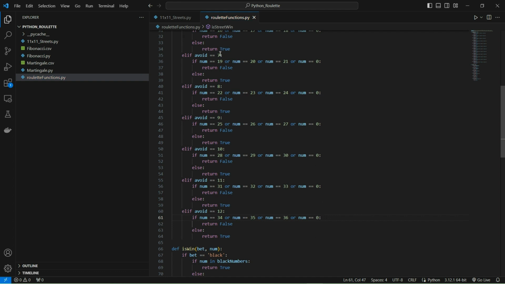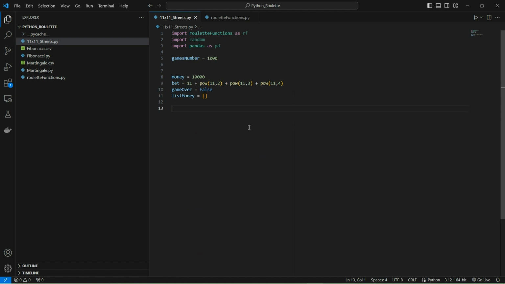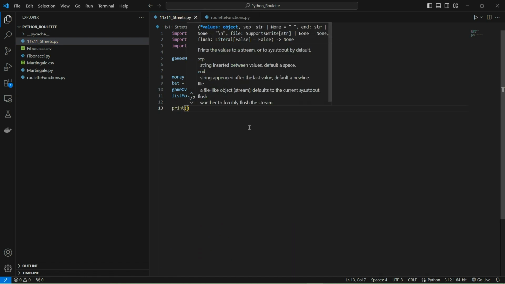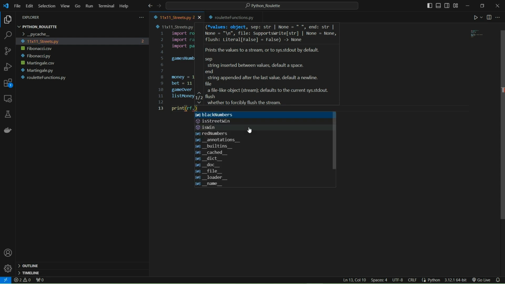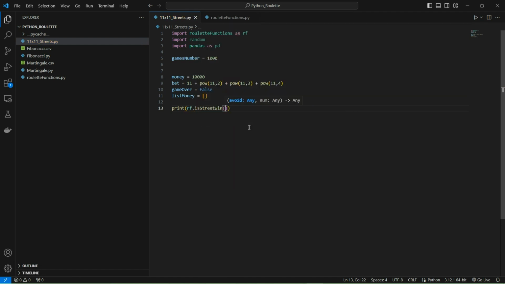Let's test this function. So I will print roulette functions is street win. I will avoid street 2, and here there are numbers 4, 5 and 6, and if the number is 16, I should win.